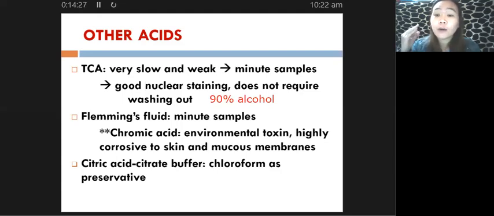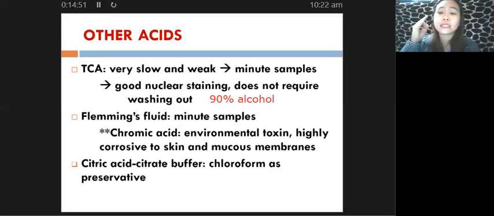Another, we have your Bouin's. Okay, so in particular, may I just mention that in your Carnoy's, what will facilitate decalcification is your glacial acetic acid. In your Bouin's, on the other hand, what will promote decalcification is the presence of your picric acid. Okay, so tatlo na yon.